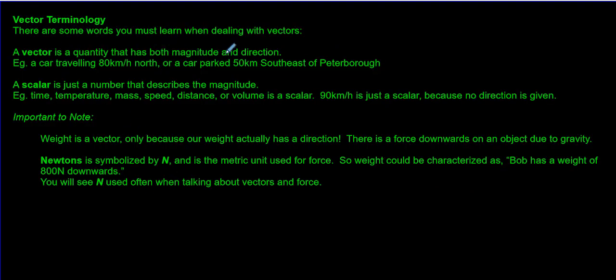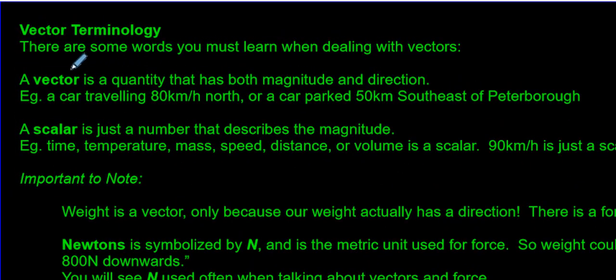Okay, here are some words that you'll need to know when dealing with vectors. We can circle them. A vector is a quantity that has both magnitude and direction. So magnitude and direction. It's two things. Your teacher may give you a quiz and it might just have a direction on it, or it might just have a magnitude. And if it just has one of these two things, then it's not a vector.